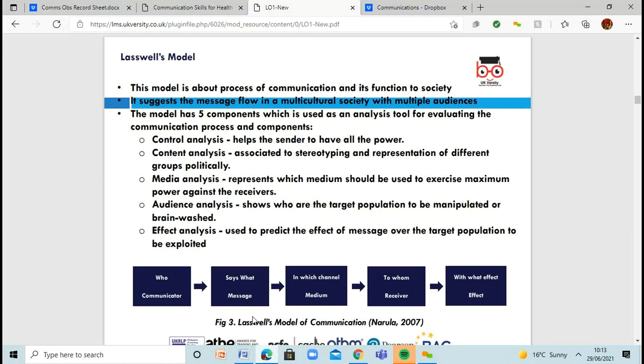Are they doing it verbally? Are they doing it through email? Are they doing it through an advert? Who is receiving it, and what is the effect? Are they actually getting the message over to that audience? Are they getting them to go and buy certain things, or to go and clean up the environment? What message have they given, and what effect has it made? So that is what Lasswell's model is about.